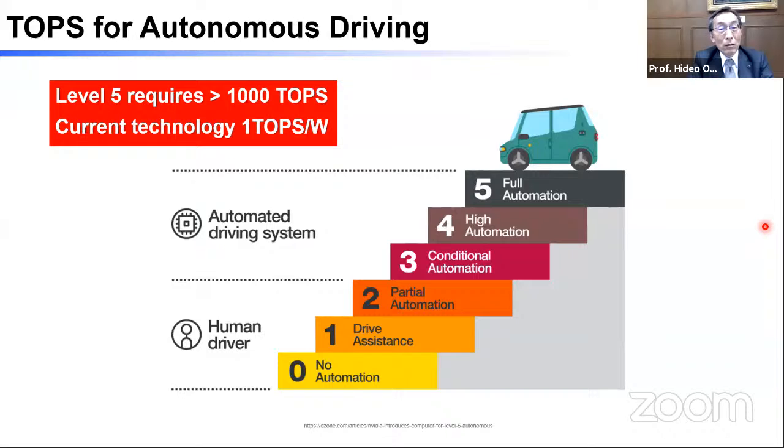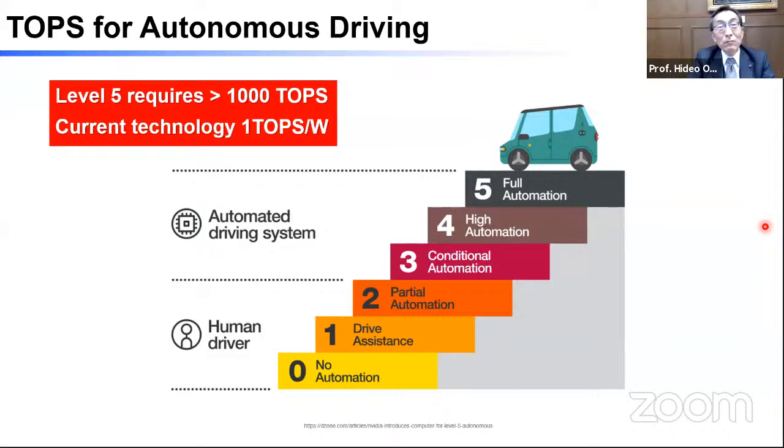And current technology gives you only 1 TOPS per watt. Which means that in order to install more than 1,000 TOPS performance in a car that you drive, it requires 1 kilowatt of electricity. And that's prohibitively high. And this is another reason why you have to cut the power down.